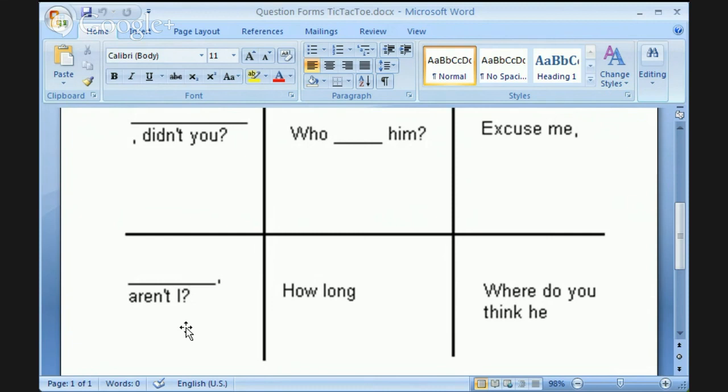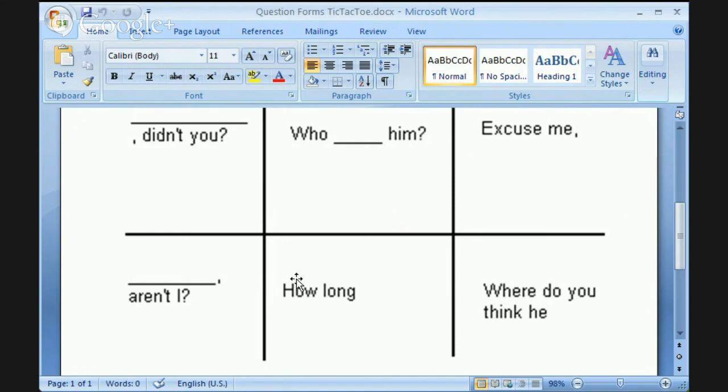So what is the conjugation for I? It would be I am. I am smart, aren't I? And humble. I am humble, aren't I? Very good, Michael. I am crazy, aren't I?